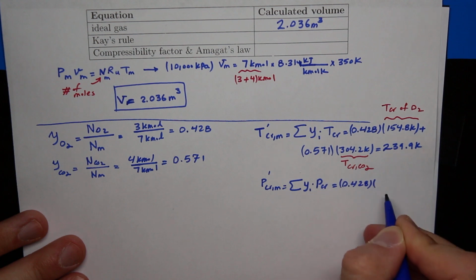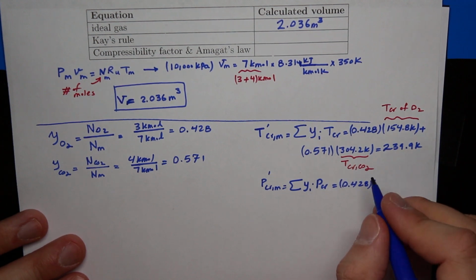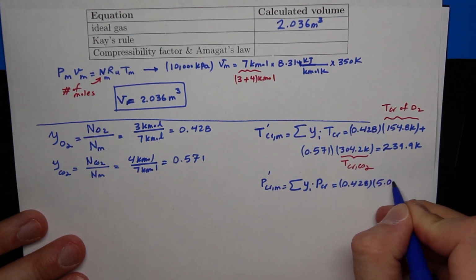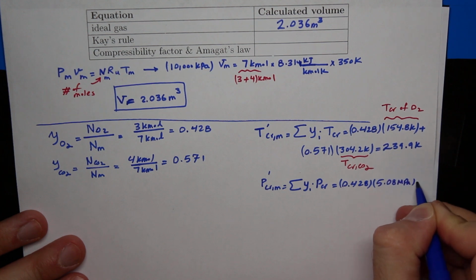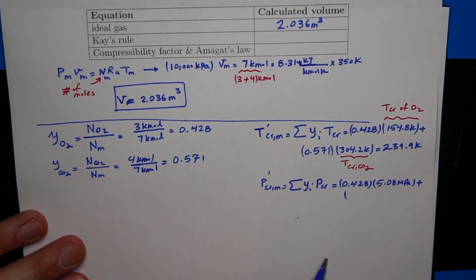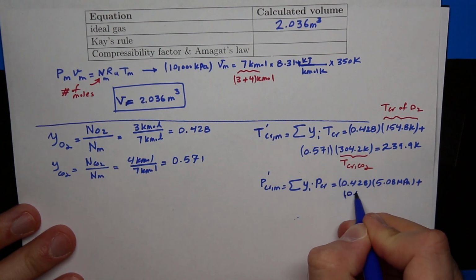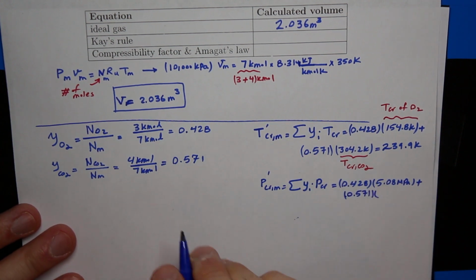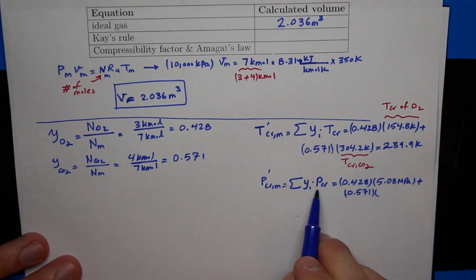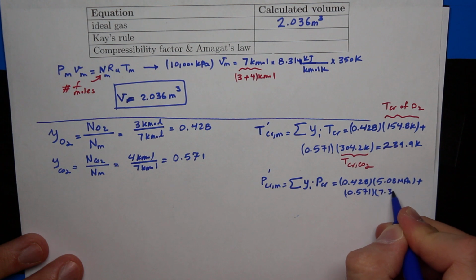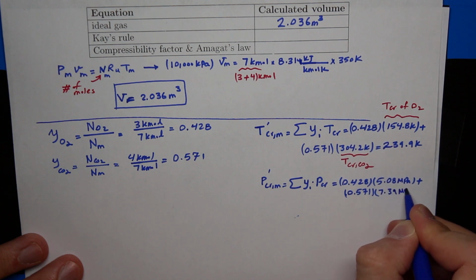The critical pressure of oxygen from the table is 5.08 megapascal, plus the mole fraction for CO2, 0.571, multiplied by the critical pressure for CO2, which comes again from the table, 7.39 megapascal.